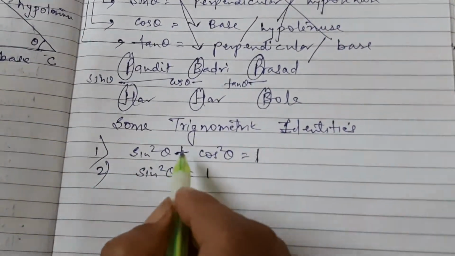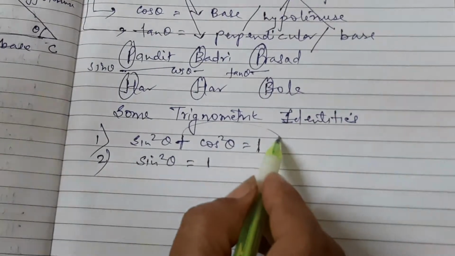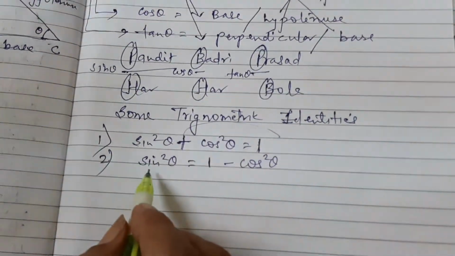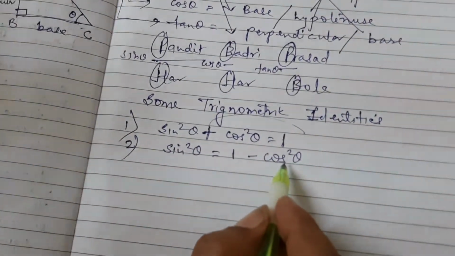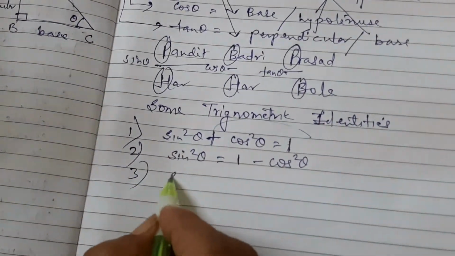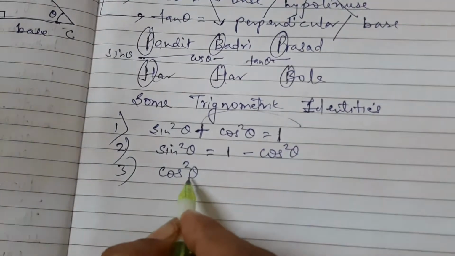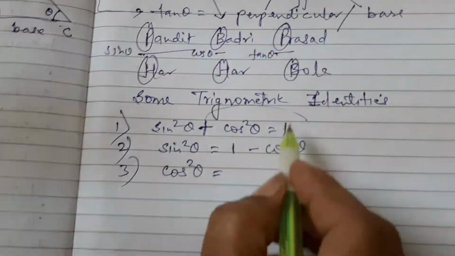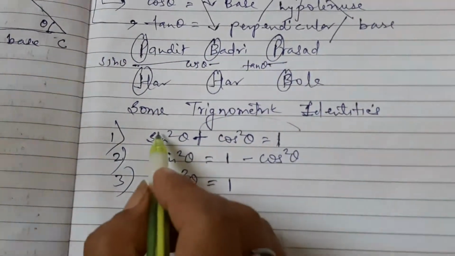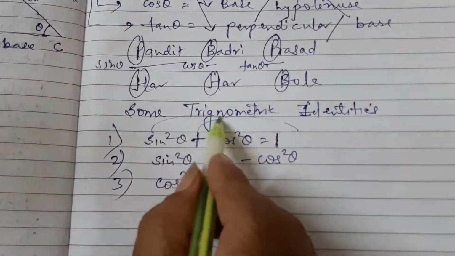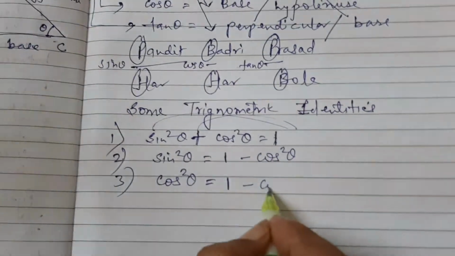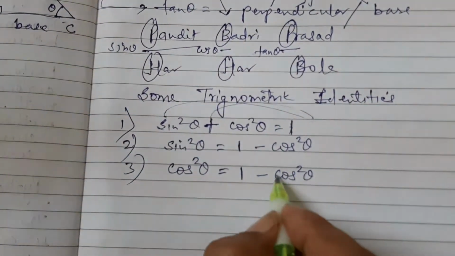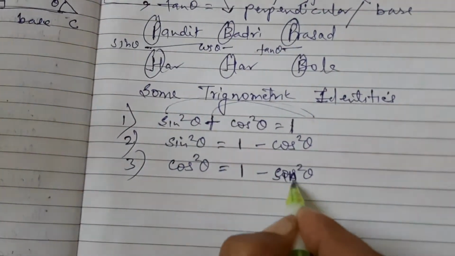This plus cos square theta will shift from left to right and become minus. So sin square theta equals 1 minus cos square theta. Similarly, if we want to make the formula of cos square theta, this cos square theta will be on the left hand side and this 1 will be on the right hand side. This plus sin square theta will shift from left to right and become minus. So cos square theta equals 1 minus sin square theta.